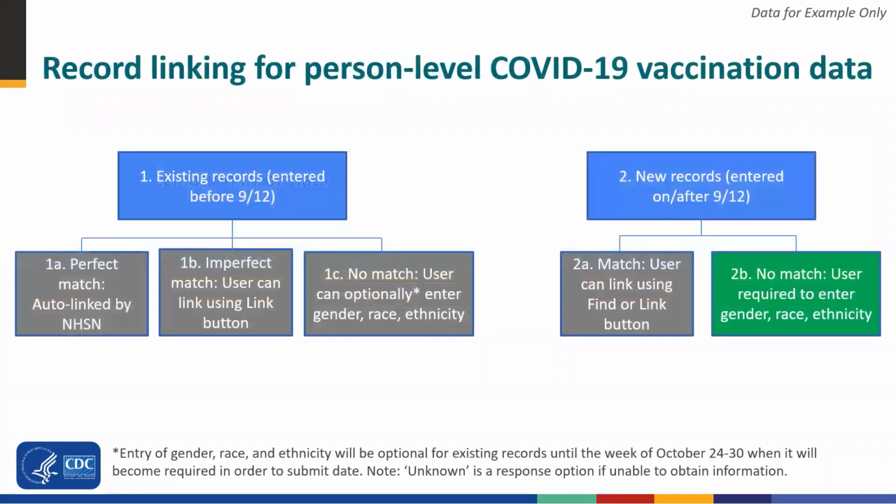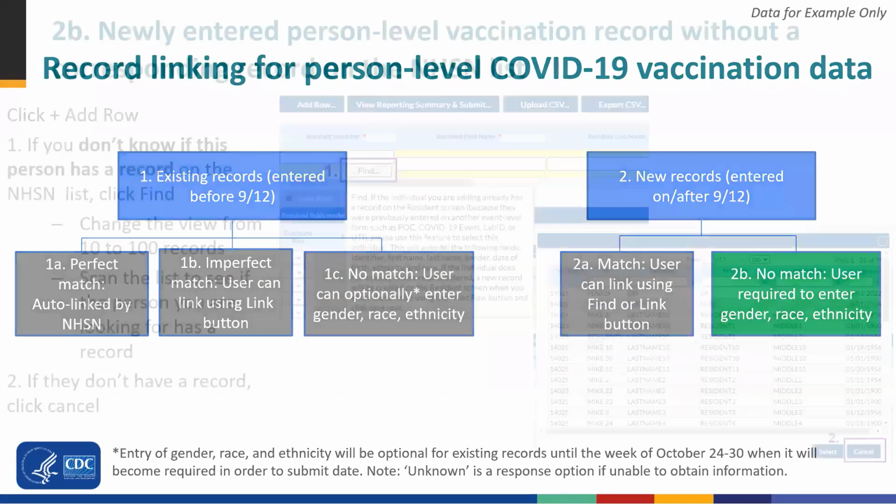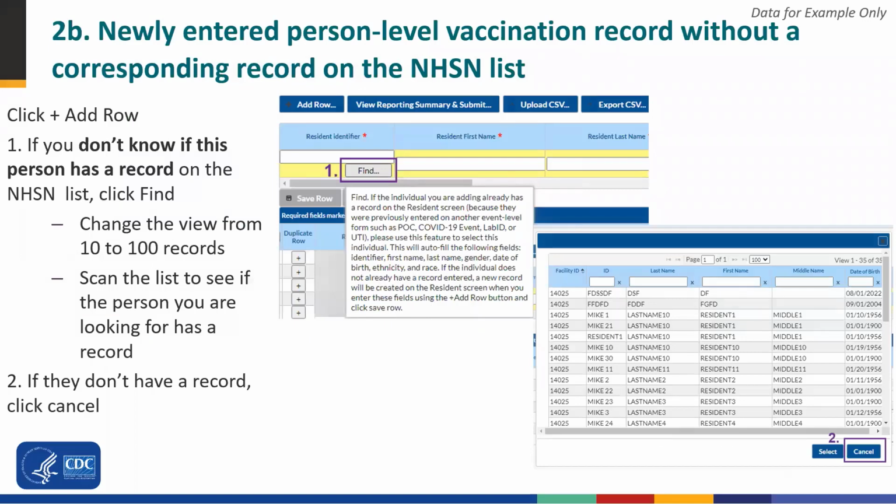So now, Hannah, folks might be wondering, what if I enter a new record that doesn't have a match? Yeah, thanks, Heather. So if you enter a brand new record on or after today, the 12th, and there's no match, so first you'll have to determine, does this person potentially already have a record in NHSN? So in order to enter a new record, you'll click the plus Add Row button.